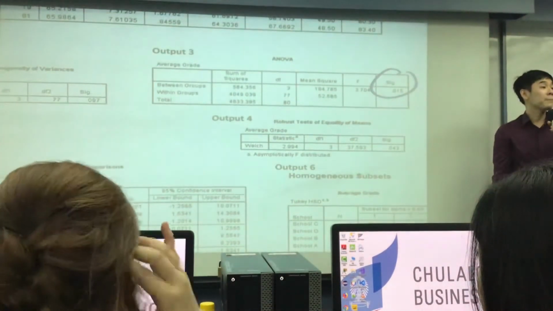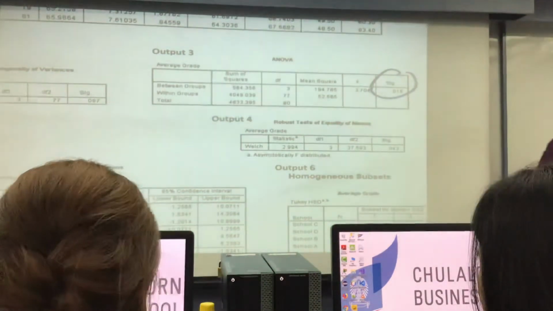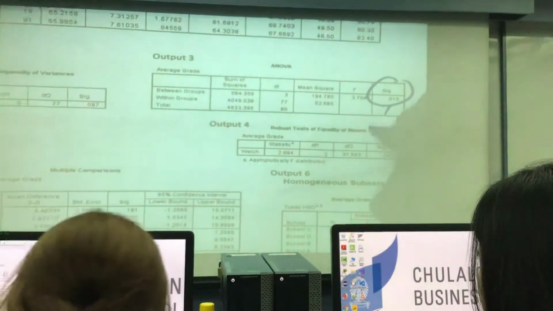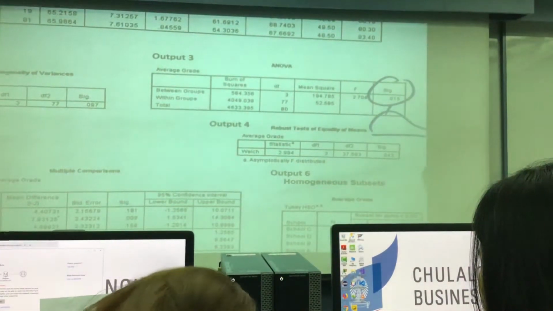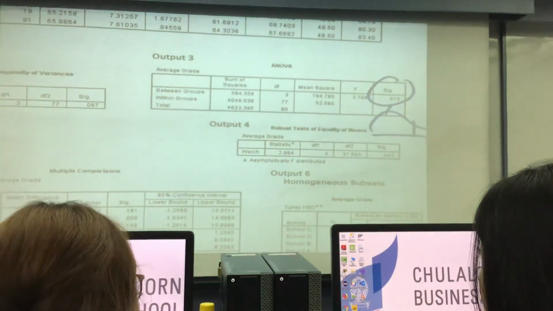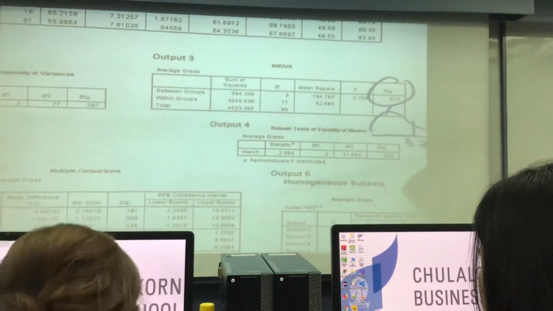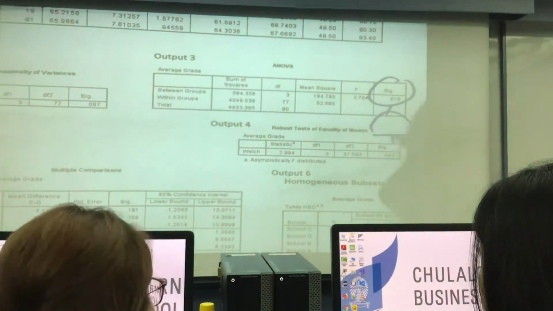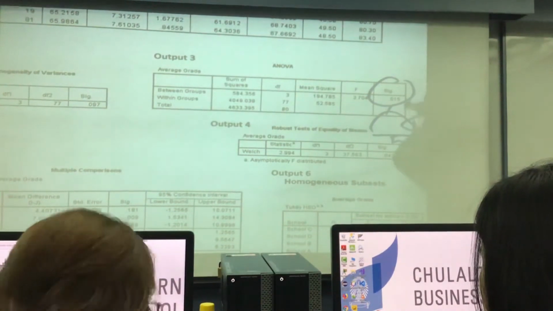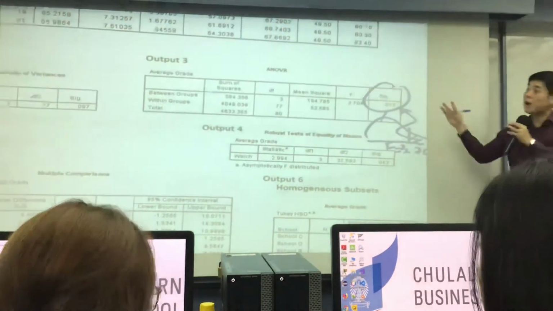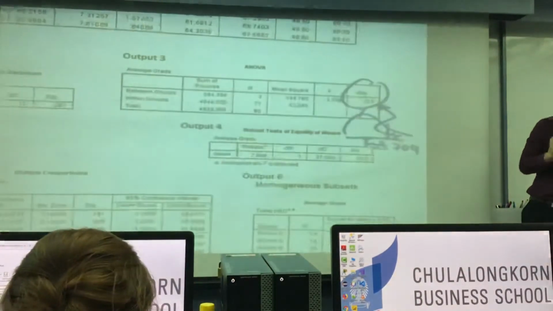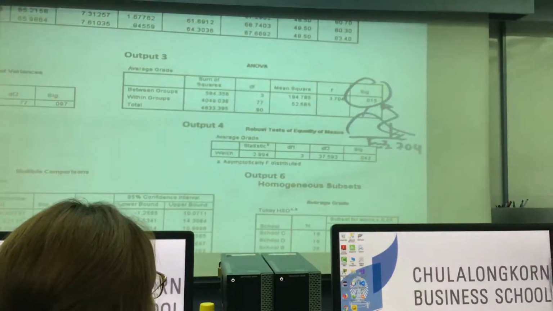That's the p-value. If you draw a picture, this one looks something like this. F is 357. But don't worry, at the end, all you do is compare this p-value to some alpha.